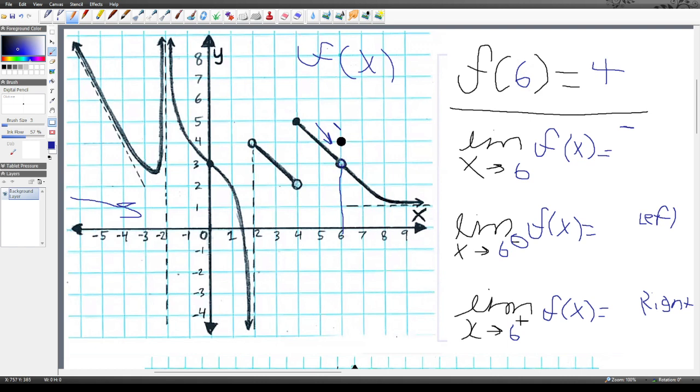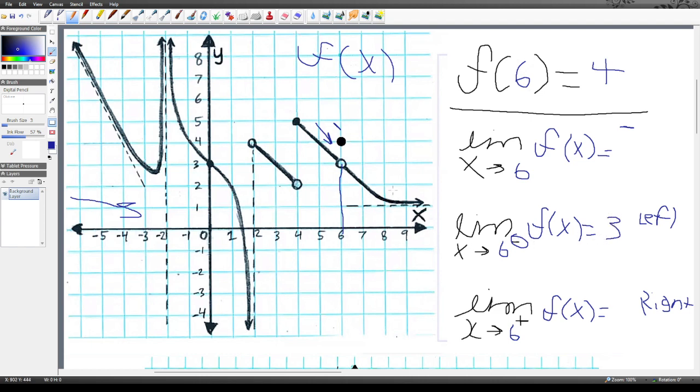But it won't equal 6 for an evaluation because that has already a value. This would be undefined here. So as x approaches 6 from the left side, it's approaching 3.